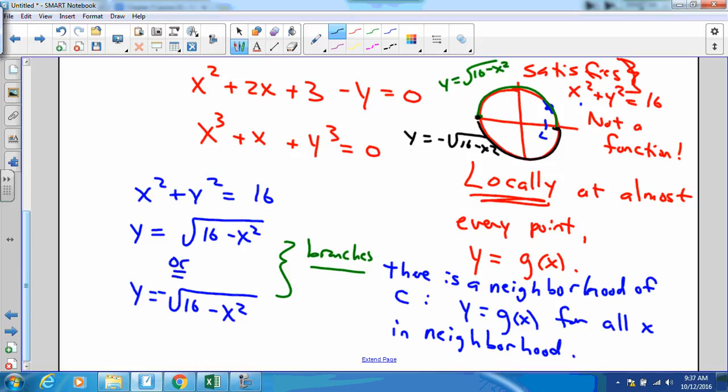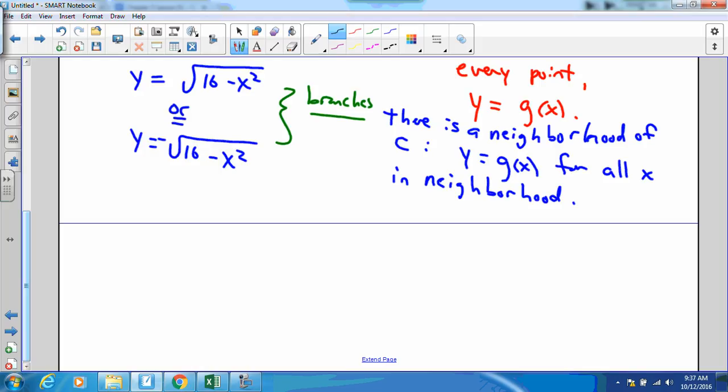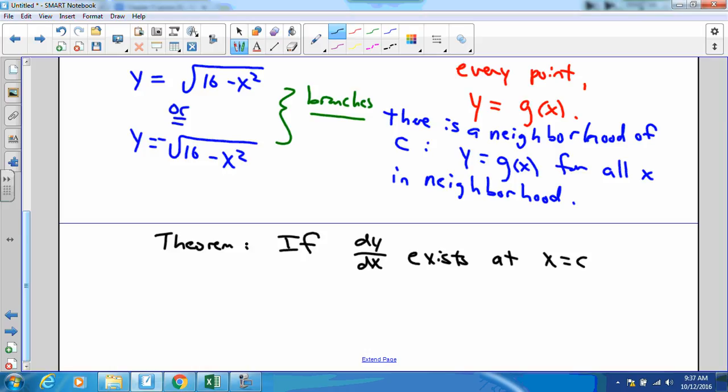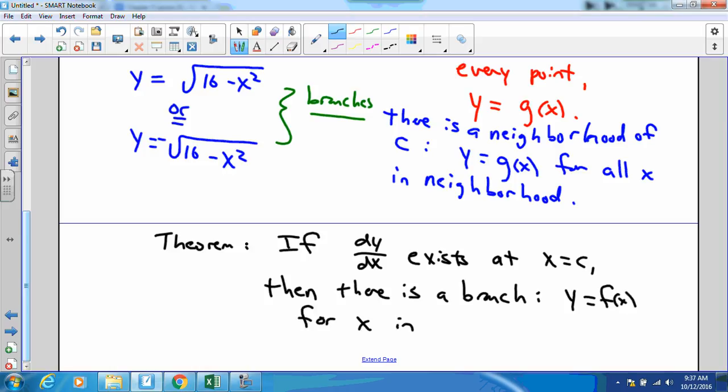And so here, then, we're going to have a theorem, and that is: if dy/dx exists at x equals c, then there is a branch such that y equals f(x) for x in the neighborhood of c.